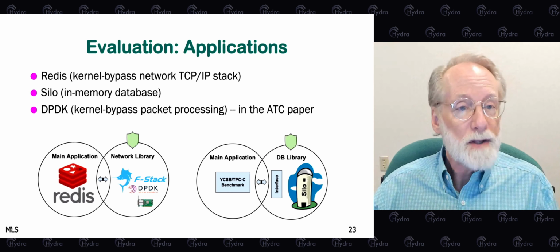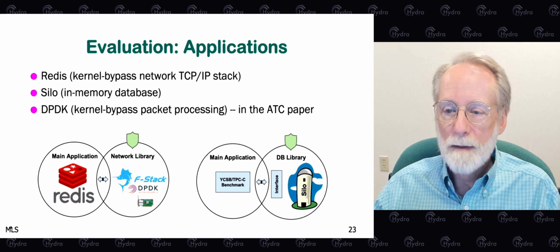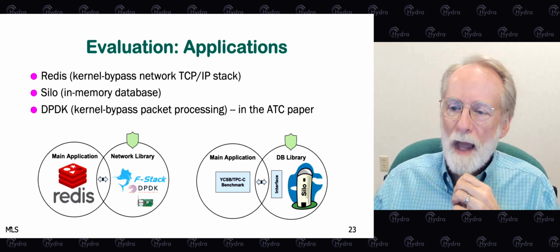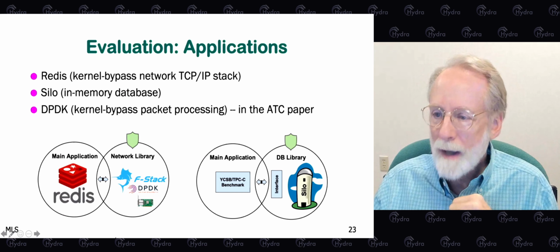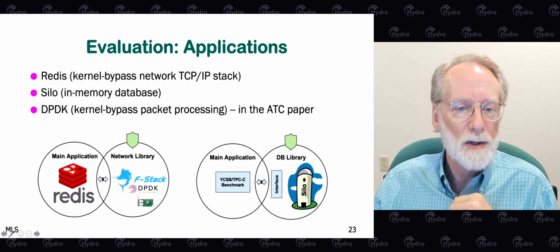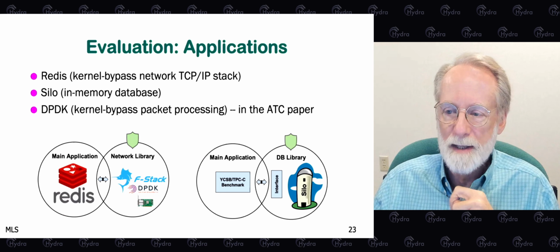We then evaluated these 3 alternatives on top of several applications. On the left in this picture, Redis is an in-memory key value store, which is quite widely used and is designed to serve requests that come into it over the network over a TCP/IP stack.